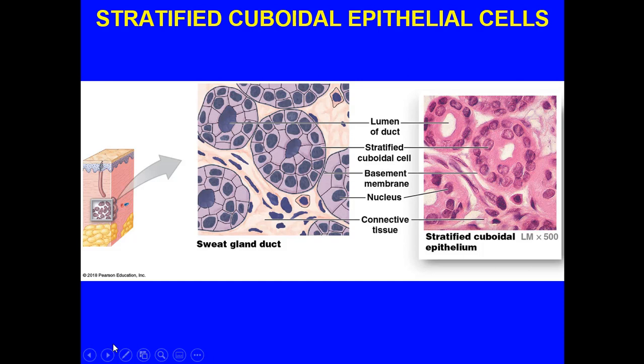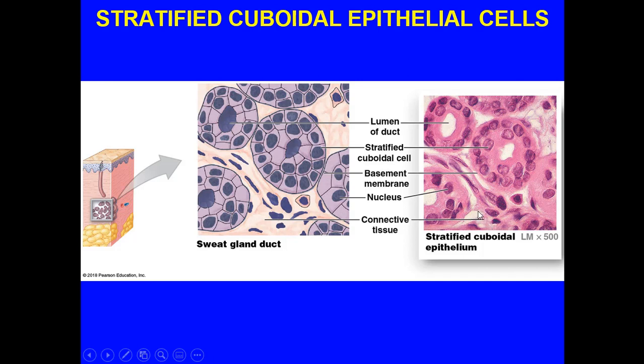When we look for stratified cuboidal epithelial cells, here's where you've got it. And of course, you're going to have the lumen of the duct right here and right here. You're going to have the several layers, 1, 2, 1, 2, 1, 2, etc., of the cuboidal cells. And you will have a basement membrane on the outer exterior of each of these ducts, mind you, okay?